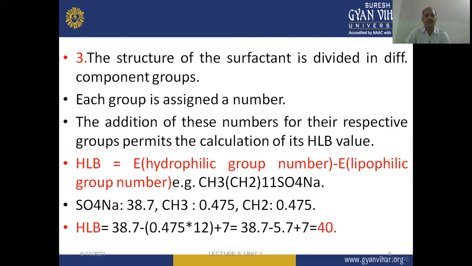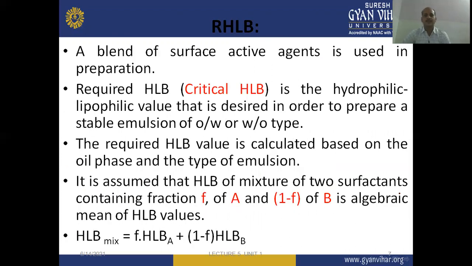So HLB can be determined with the help of the formula 38.7 minus 0.475 multiplied by 12 plus 7, equal to 38.7 minus 5.7 plus 7, which is equal to 40. So this is another method for determination of surfactant HLB.